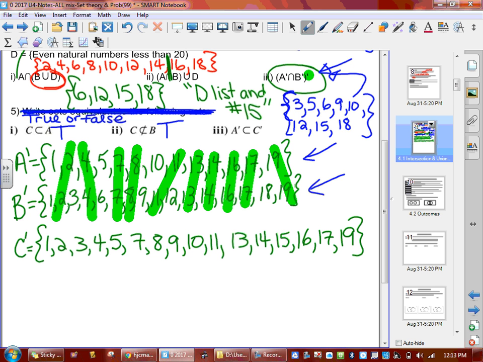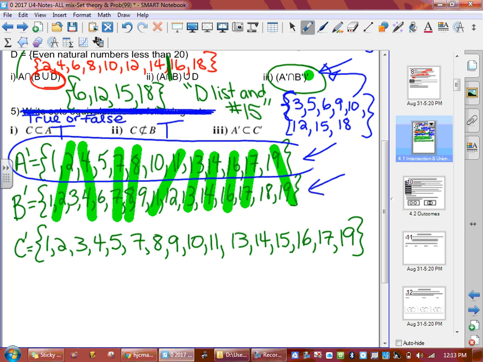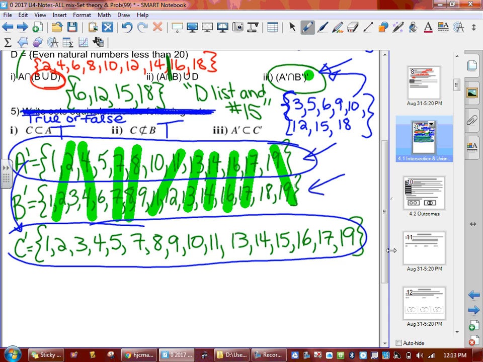Number 3 says, is A prime, so this whole list here, is that list a subset, so completely inside, set C prime? Does it include all of those numbers? Well, let's check.